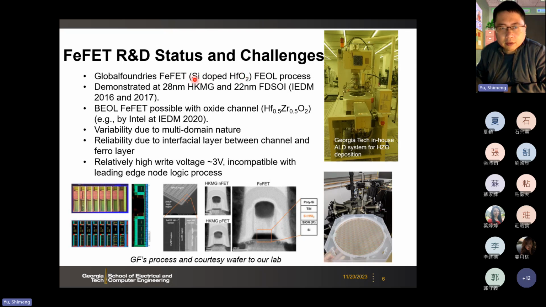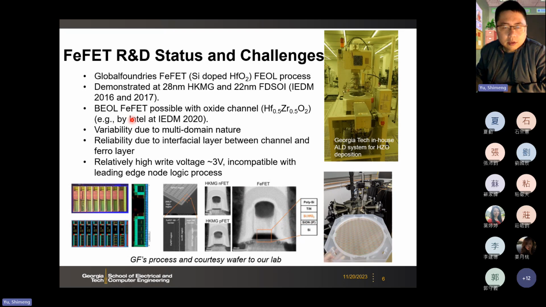They have started risk manufacturing of the FeFET at the 28 nanometer and 22 nanometer technology nodes, and it's a pretty mature process from GlobalFoundries. Here you see the die photo and the cross-sectional TEM of the ferro from GlobalFoundries' 28 nanometer platform. If you zoom in on the gate stack, you have the doped hafnium oxide.